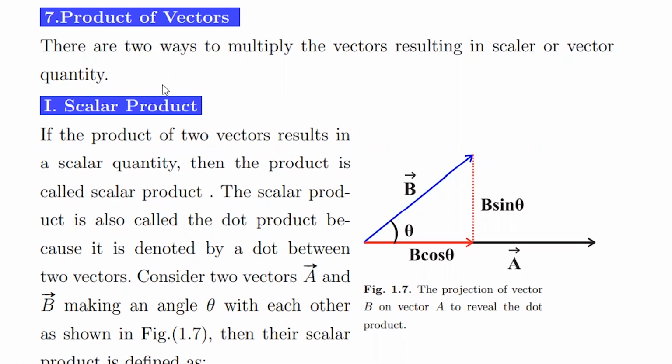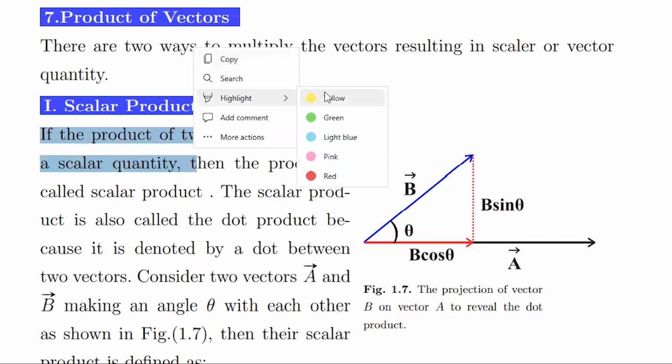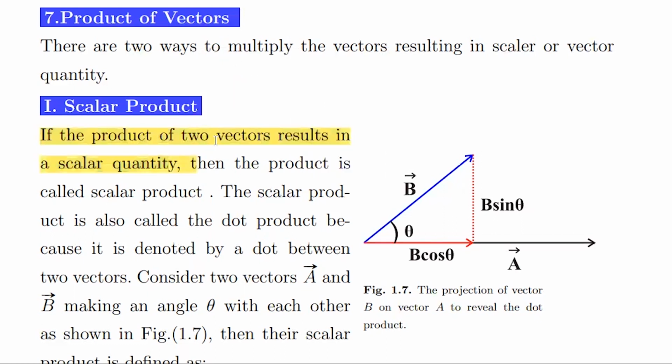The product of vectors is categorized into two parts. The first one is called scalar product. Scalar product is defined as follows: if the product of two vectors gives a scalar quantity, that is, we multiply two vectors and then we get a scalar quantity, then that type of product is called scalar product.